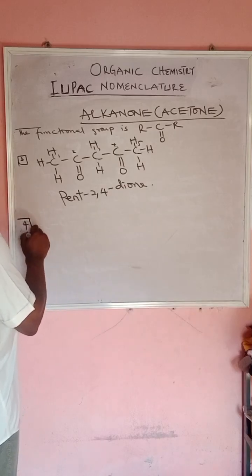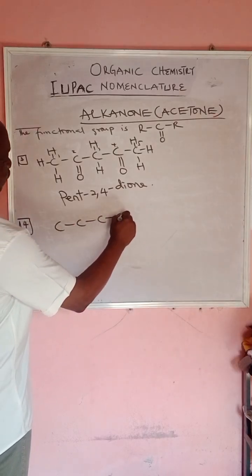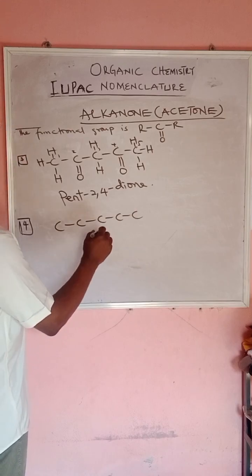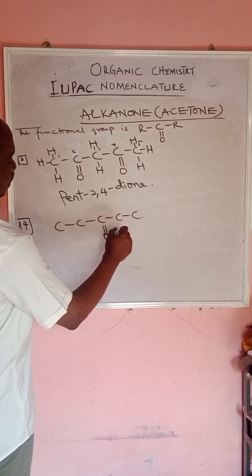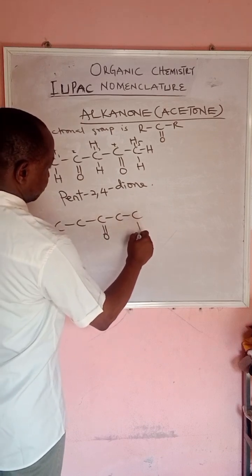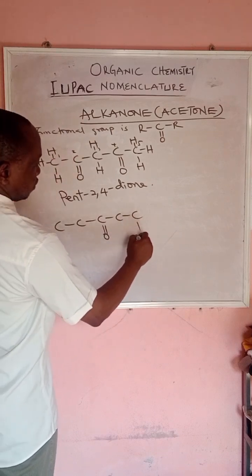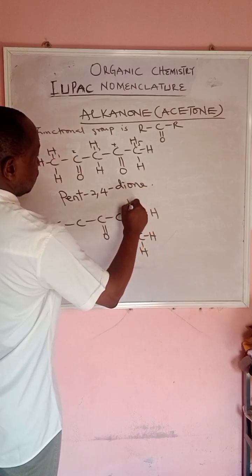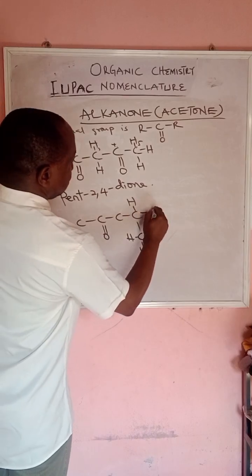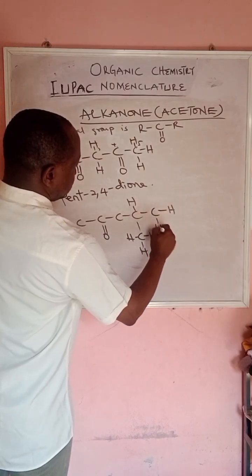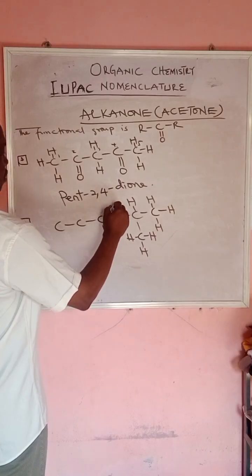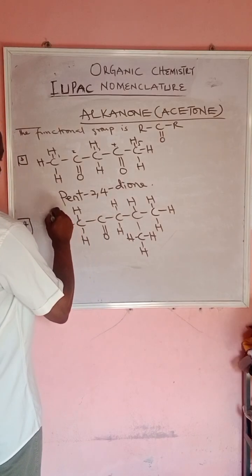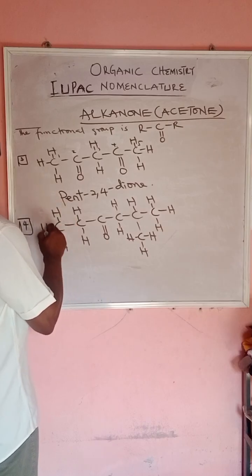You may have 1, 2, 3, 4, 5. You may have one here. You have hydrogen here, hydrogen here, hydrogen here, hydrogen, hydrogen. Okay, let me increase this. Hydrogen here, hydrogen here, and so on.